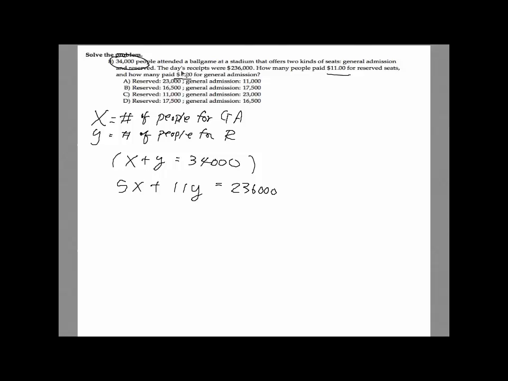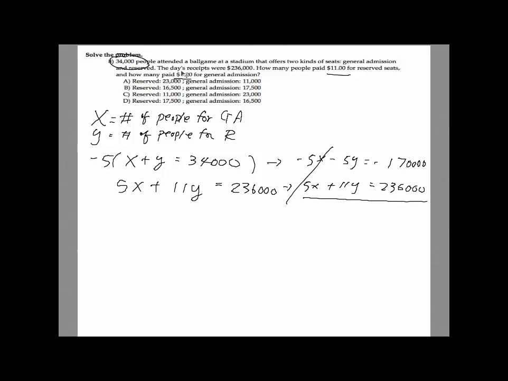Okay, let's multiply the first equation by negative 5. So negative 5x minus 5y equals 34,000 times negative 5, which is negative 170,000. The second equation, 5x plus 11y equals 236,000.